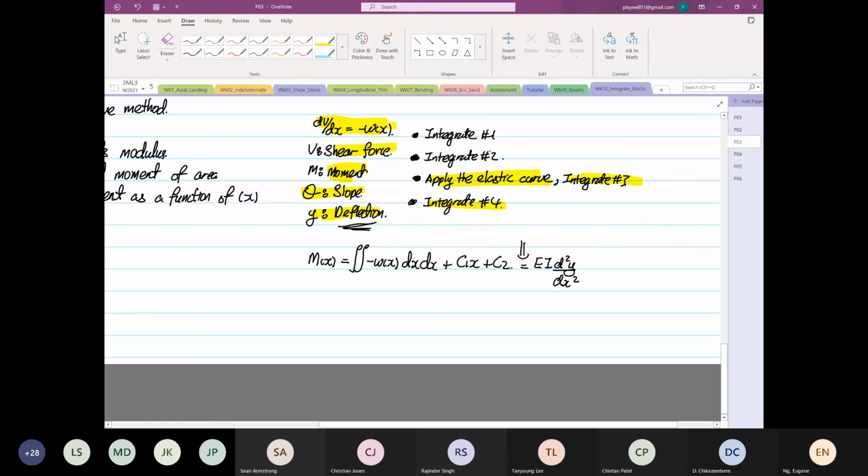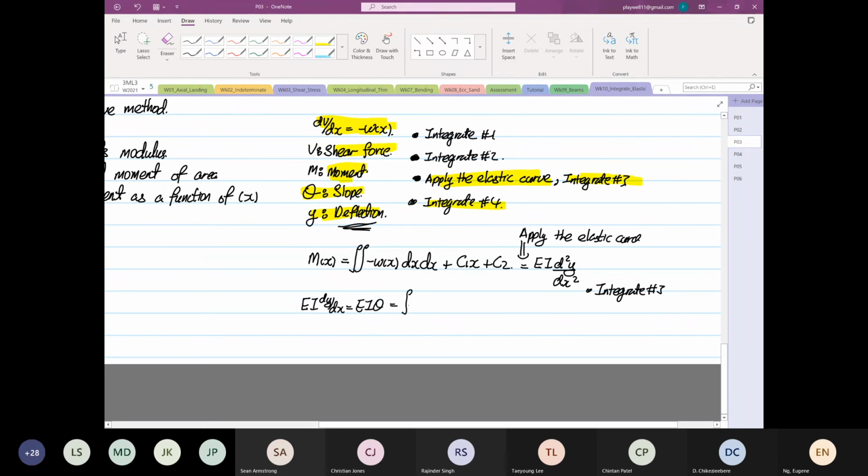This is where we apply the elastic curve. Then after that, we integrate again. Now is the third time. Integrating the third time, you get EI dy/dx, which is also equal to EI theta.